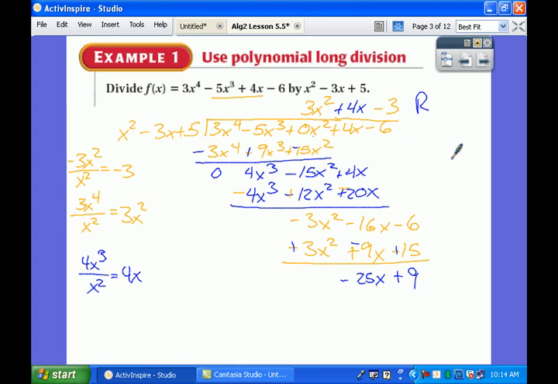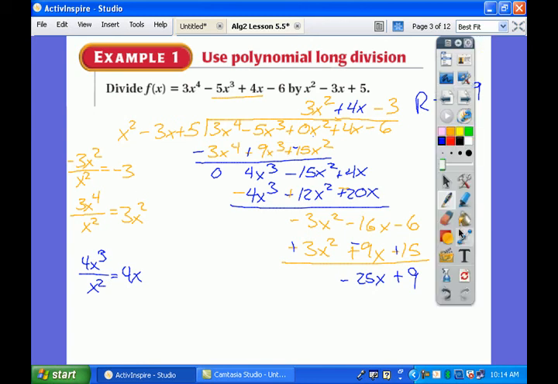Two things. We have two ways to write the remainder. Method 1: we can write it as r, and then we just write this piece out, negative 25x plus 9. So we just write it there. It's probably the easier method.